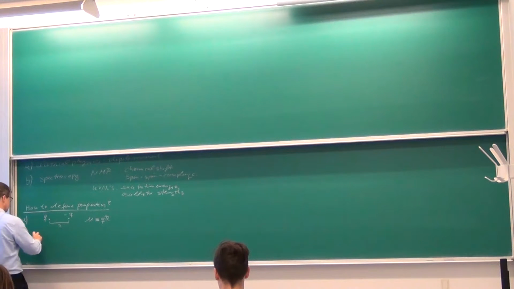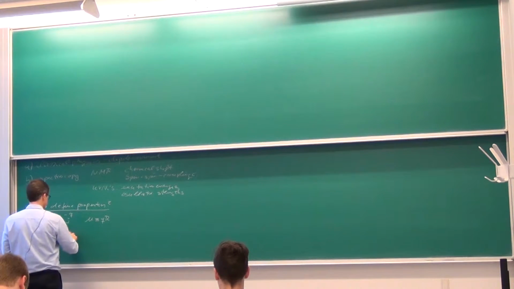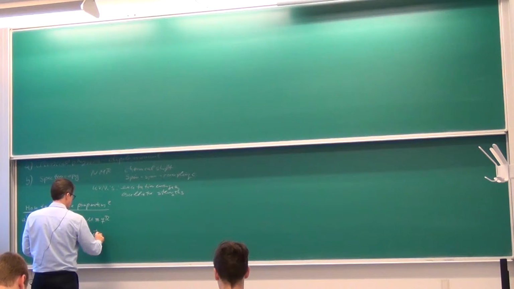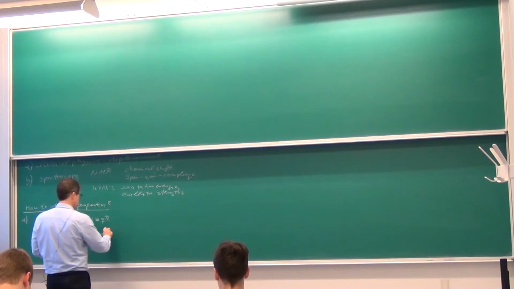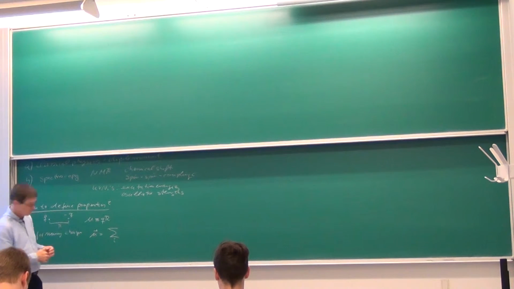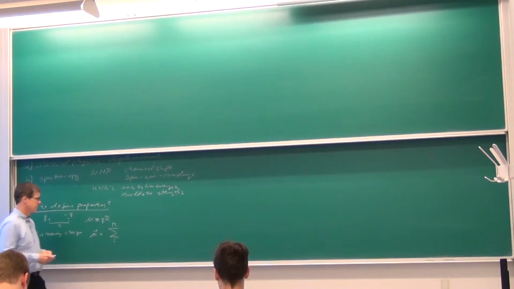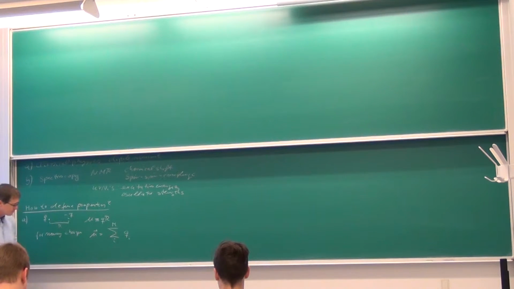So for many charges, we also should think about that the dipole moment is a vector. So for many charges, we have a sum over all of them. Charge is M, and then we have the value of that charge. They don't have to be the same, obviously.